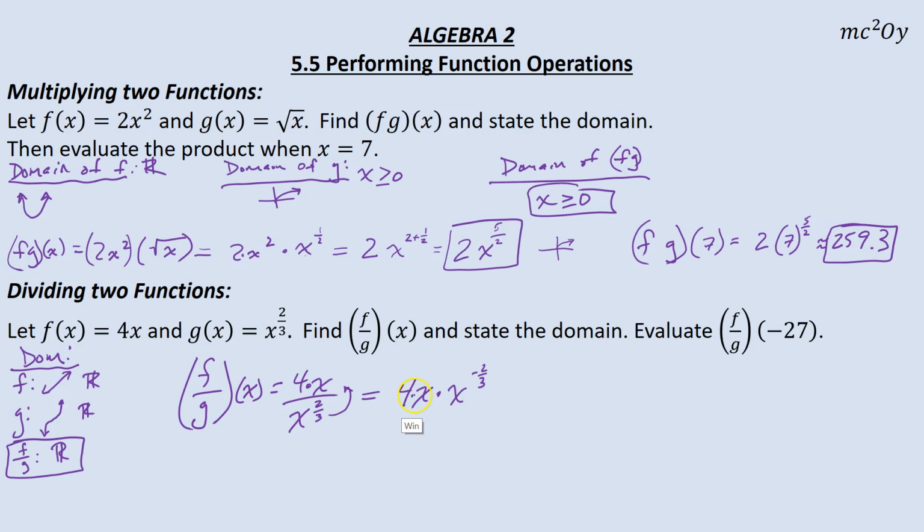Now we have our x's next to each other, and that's important because they're the same base. We just have a 4, and the base is x. When we have the same base, we add our exponents, and this one has an exponent of 1. So 1 minus 2/3 is positive 1/3. So that gives us 4 times x to the 1/3 power.